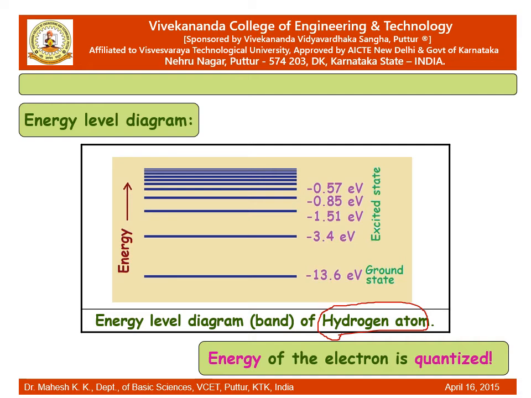Here you could see that for the ground state the energy is minus 13.6 eV, for the first excited state it is minus 3.4 eV, and second it is minus 1.51 eV. Similarly, you have different energies for different energy levels.